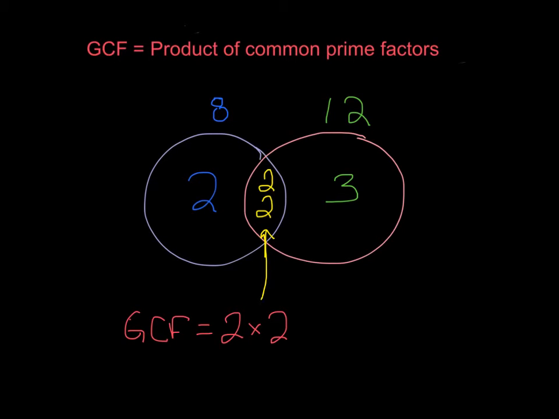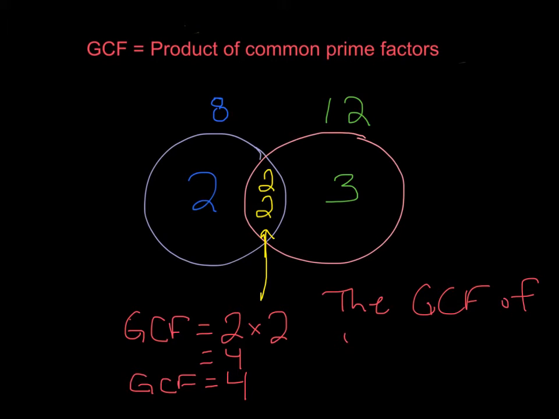Again, that's coming from this middle section here. And that equals 4. So the greatest common factor, or the GCF of 8 and 12, is 4.